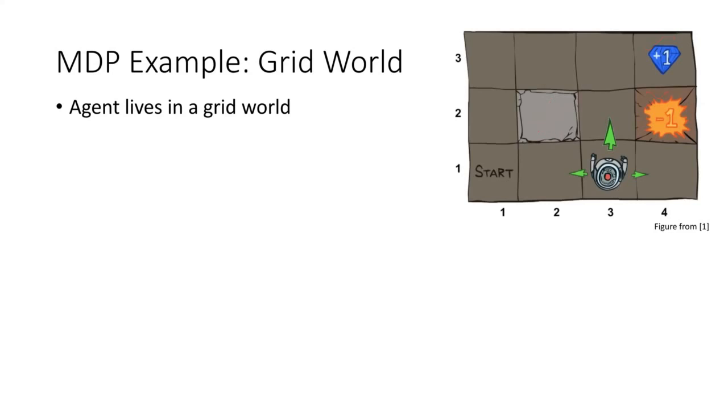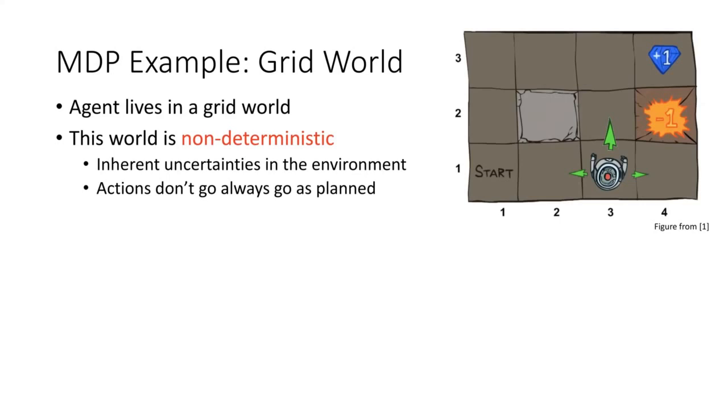So we assume that the agent lives in a grid world, and that the world is non-deterministic. There may be inherent uncertainties in the environment, and actions don't always go as planned. This is typical in most of the control systems that we work on.